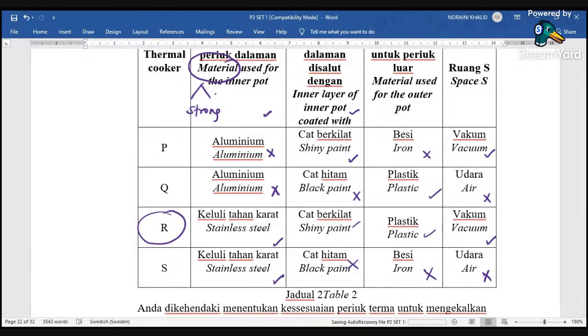Okay, so when you already choose, you just explain R only. Okay, explain R only.